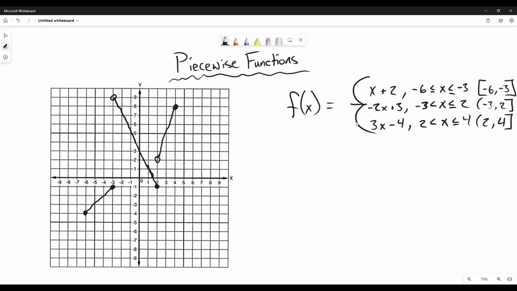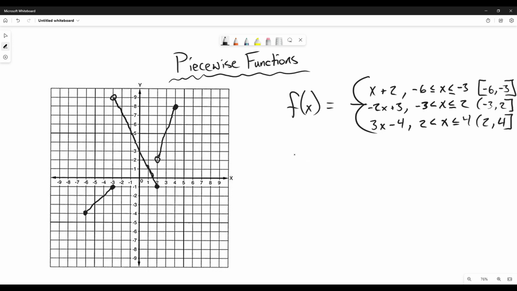Since this is fully closed, it's bracket to bracket, it's just dot to dot, right? Then this one's an open circle because it's a -3 parenthesis. So we have an open circle there, all the way from -3 to 2. And we have an open circle, 2 to 4, and 4 is a closed circle. So the function will look like this.